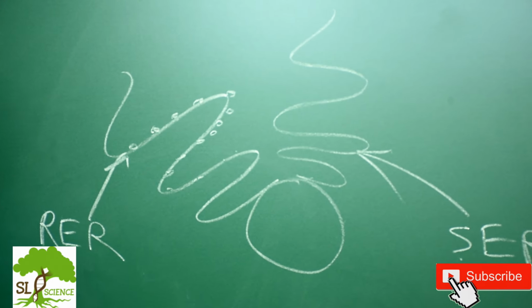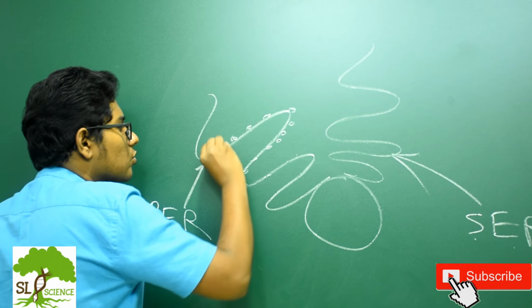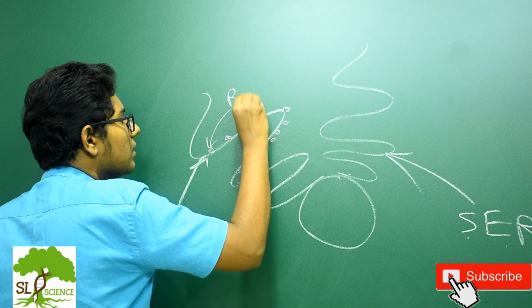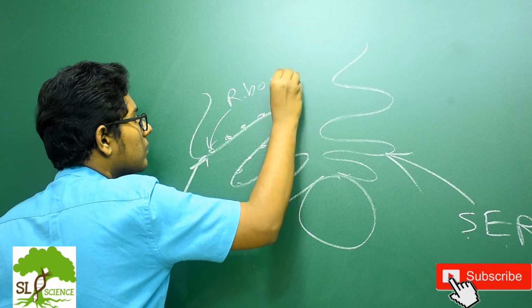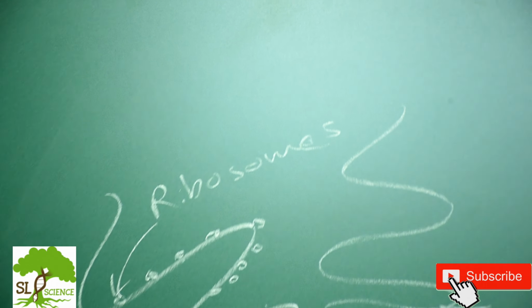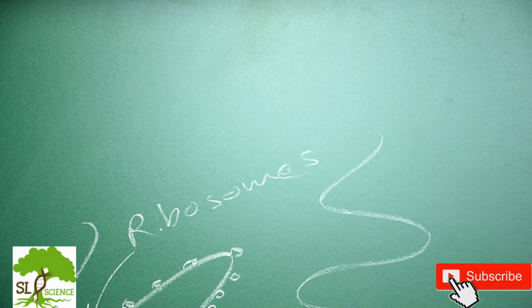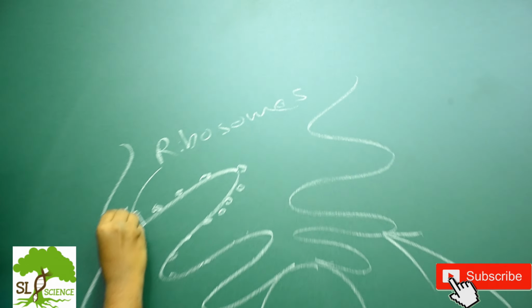In the rough endoplasmic reticulum, these are ribosomes, and the main function of ribosomes is protein synthesis.